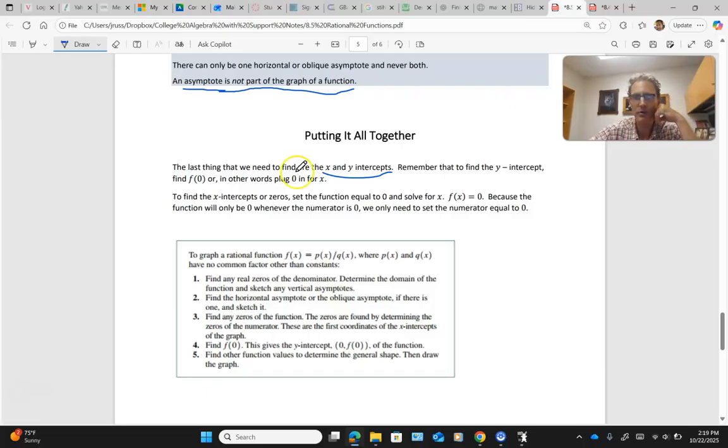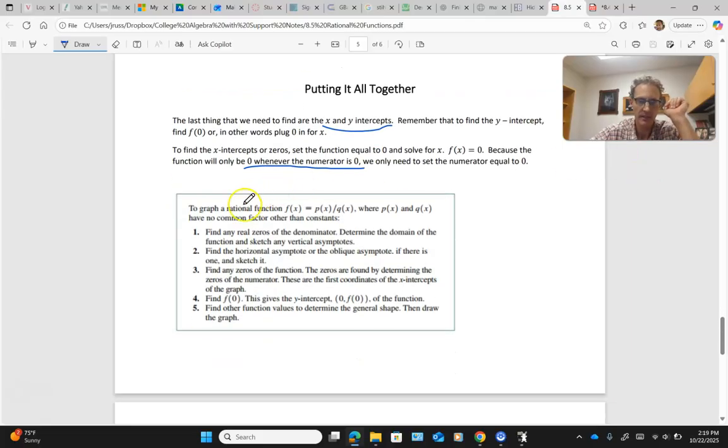Then to find the x-intercepts, or the zeros, you're going to set the function equal to 0 and solve for x. But because the function will only be 0 whenever the numerator is 0, all you really have to do is set the numerator equal to 0 for these rational functions.